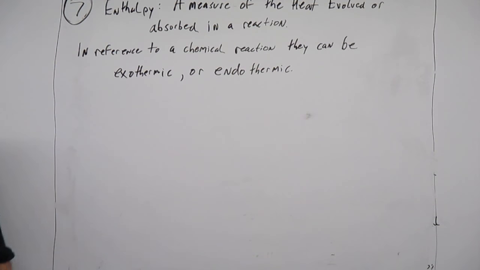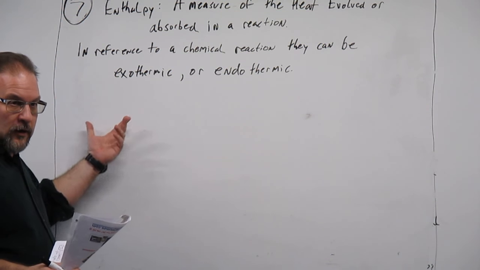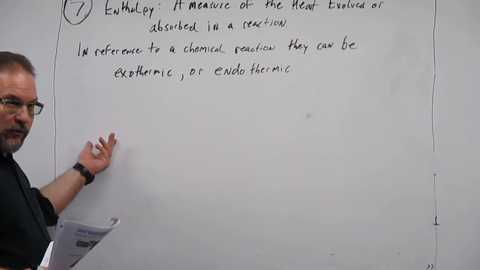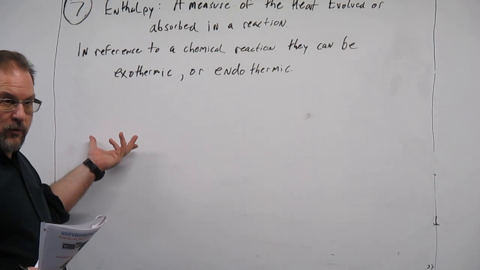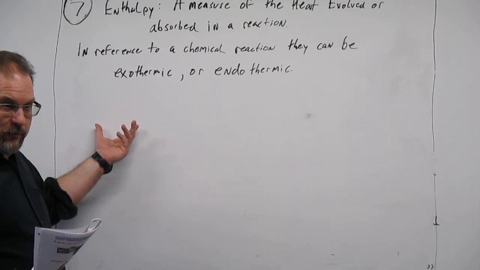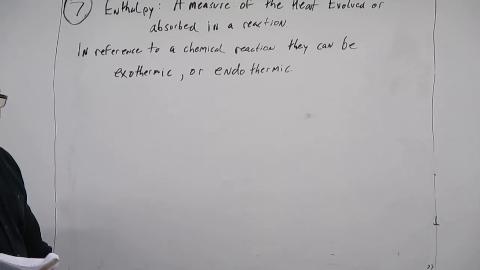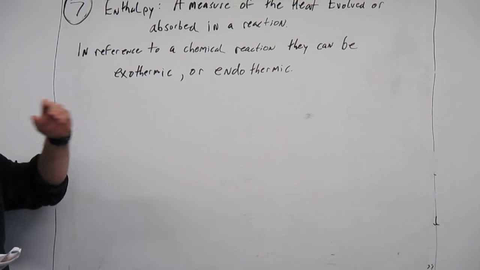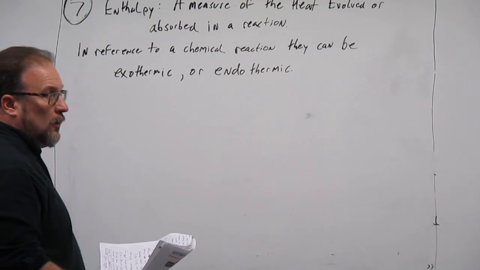So exothermic, what that means is it releases heat. I have a chemical reaction that takes place and it releases heat. I have the reactants on the left-hand side and the products on the right-hand side. When I bring the reactants together, just like sodium chloride, right? Remember that video I showed you? When I bring sodium and chlorine gas together, what happens? There's a yellowish type of light that goes off, and there's heat and there's light that comes out of this reaction. That's an excellent example of an exothermic reaction. It produces heat, produces energy. Not all reactions are like that.